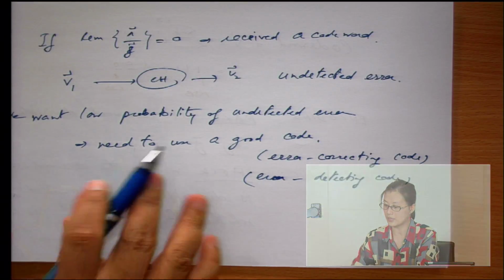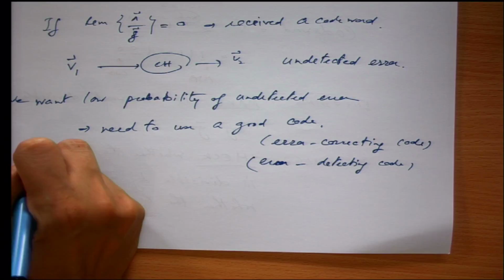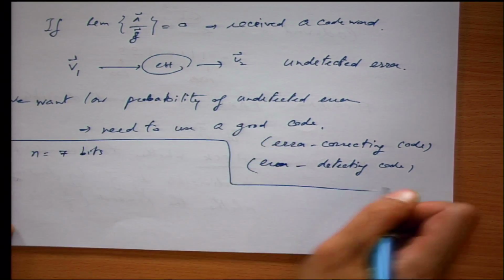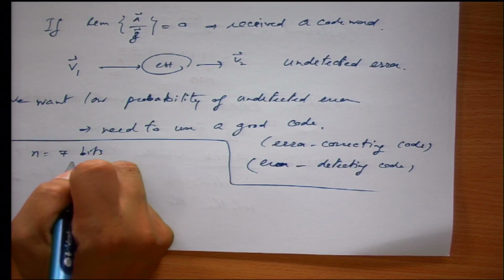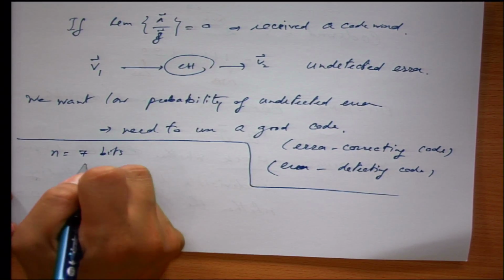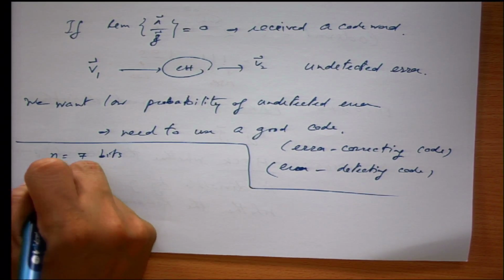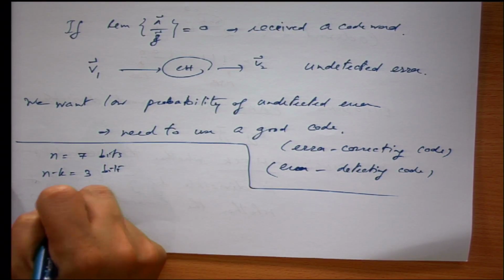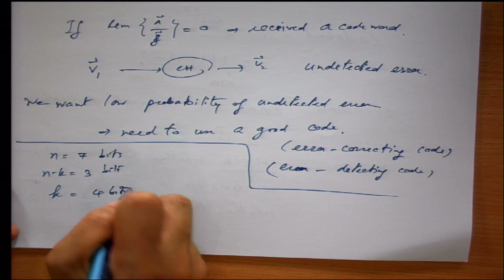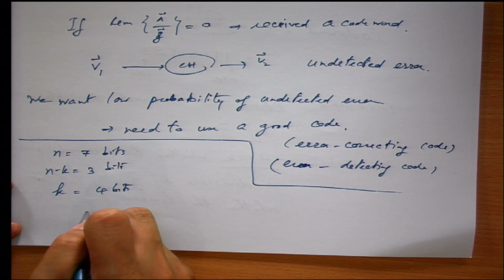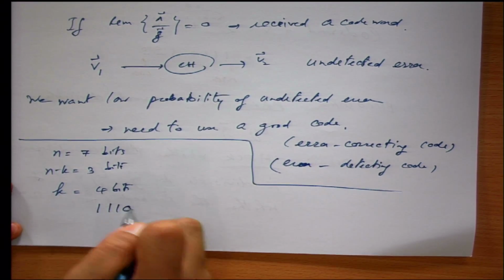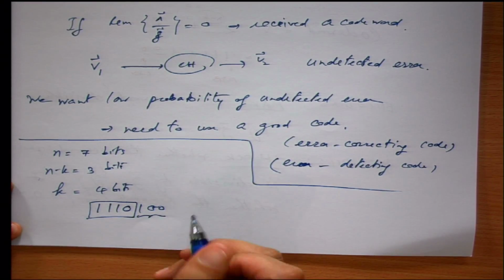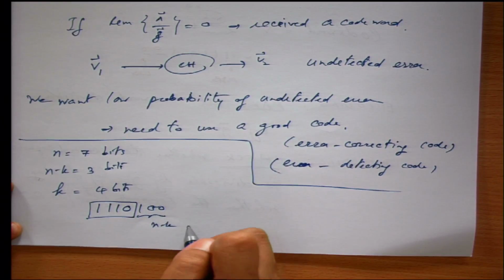So you have n equal to 7 bits, the number of bits in the code word or in the received sequence. n minus k equals 3 bits, so k must be equal to 4 bits. Therefore, in the received sequence 1 1 1 0 1 0 0, you know that the last 3 bits are the n minus k parity check bits.